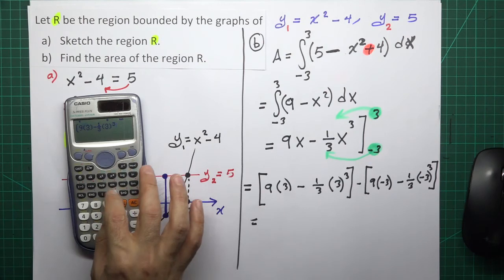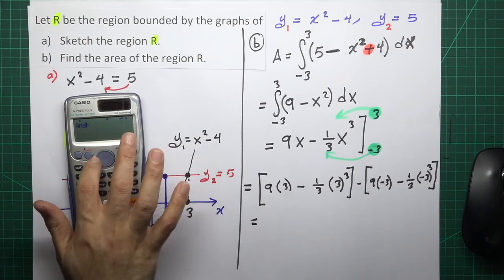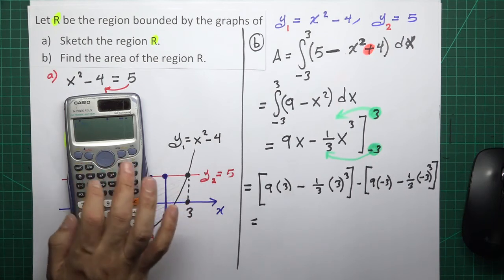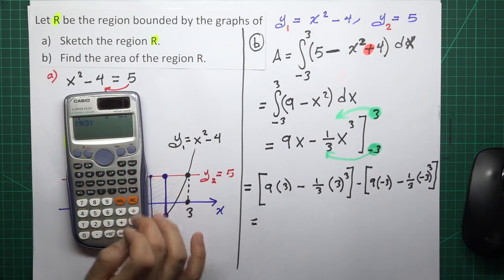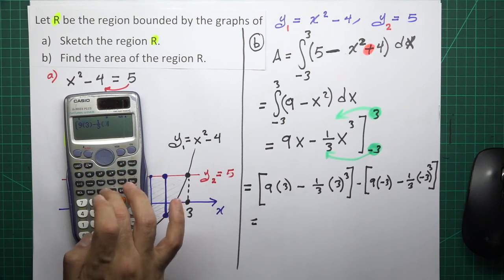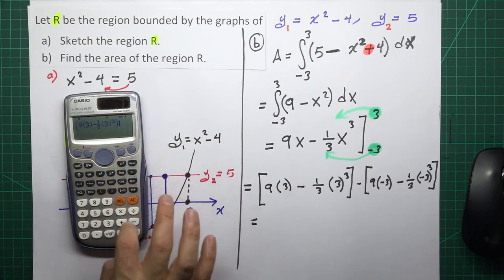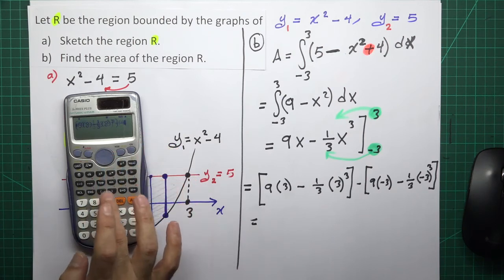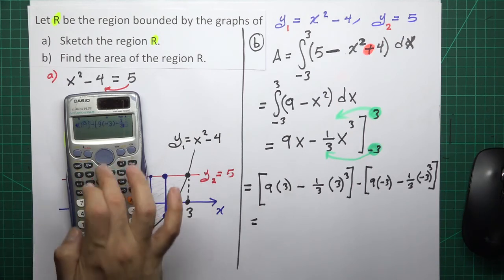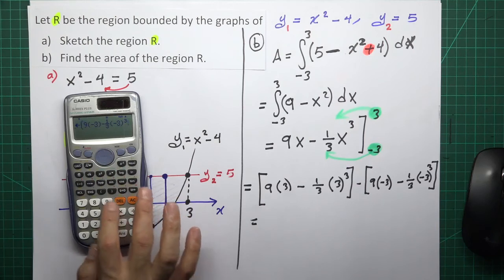Minus, I have to repeat my steps, I'm not a professional in this. 9 times 3 minus 1 over 3 times 3 to the power of 3, close the bracket, new one, 9 times minus 3 minus 1/3 times minus 3 to the power of 3, and we can close this now.